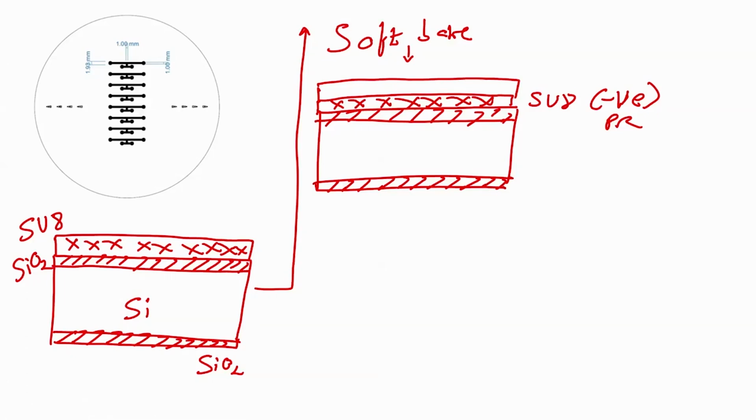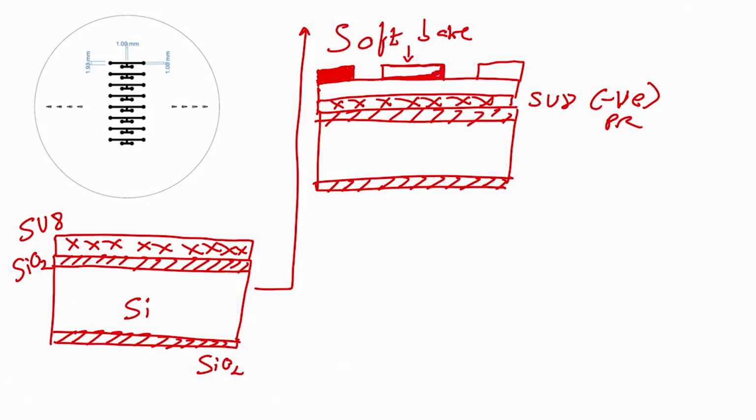So, what you want now? You want to create hills. So, the area which is exposed will be stronger and the area which is not exposed will get weaker, because that is a property of a negative photoresist, correct. So, what we can do?